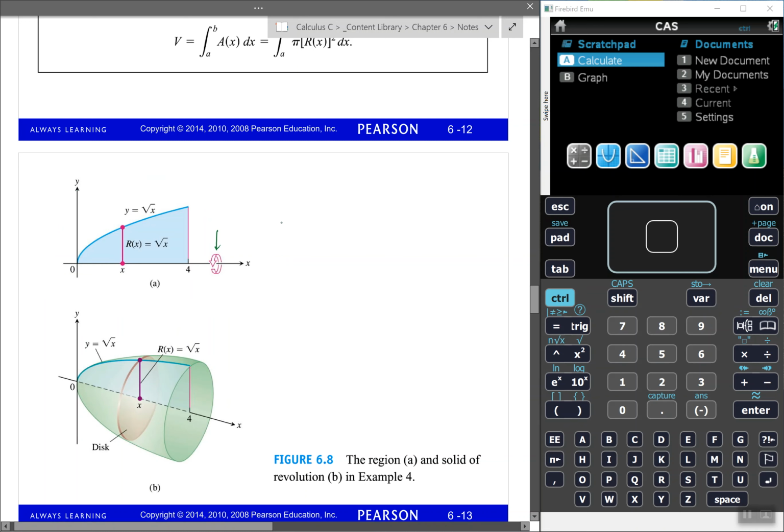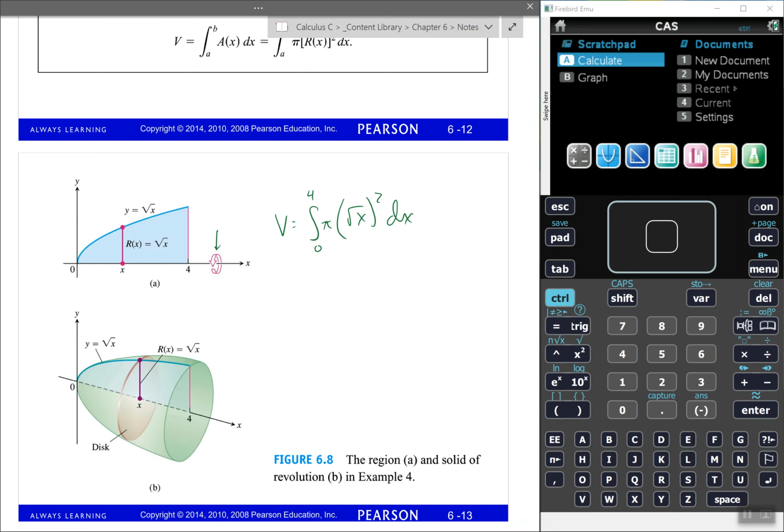So we would set up our integral as the integral from 0 to 4 of pi r squared. The radius is going to be the function, so it's going to be pi times the square root of x, squared, dx.